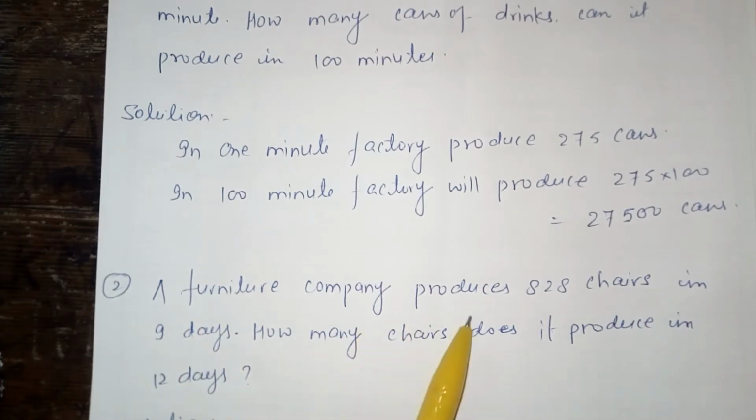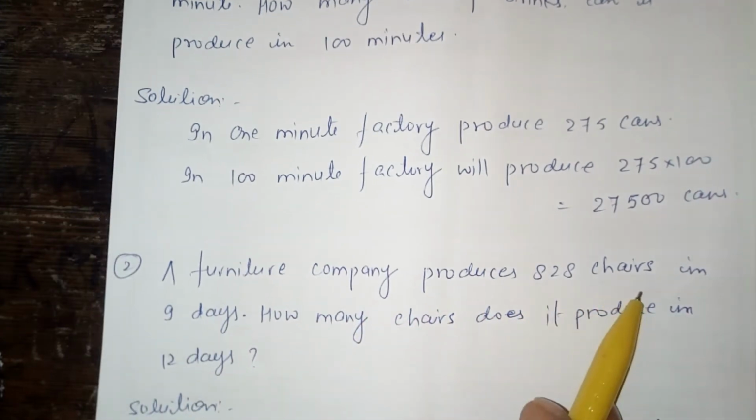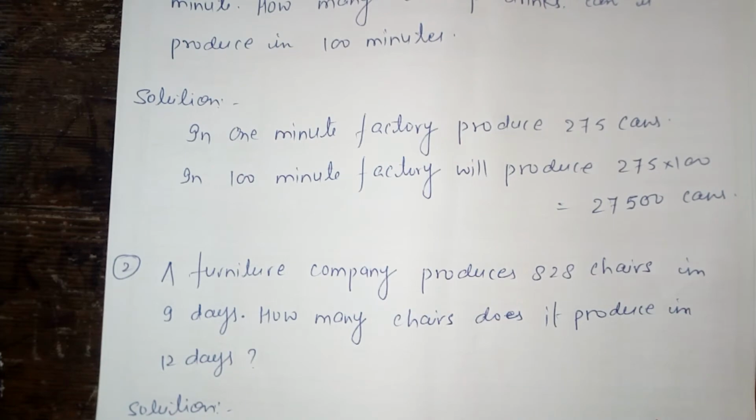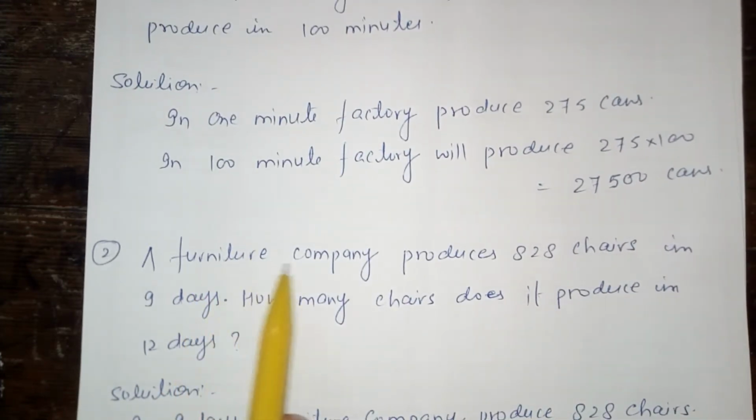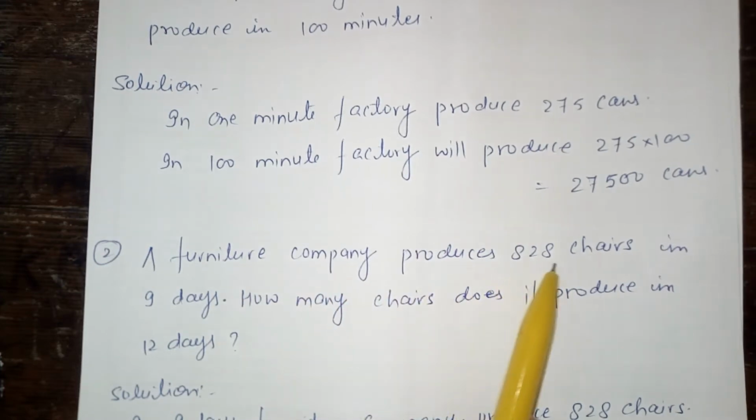A furniture company produces 828 chairs in 9 days. How many chairs does it produce in 12 days?